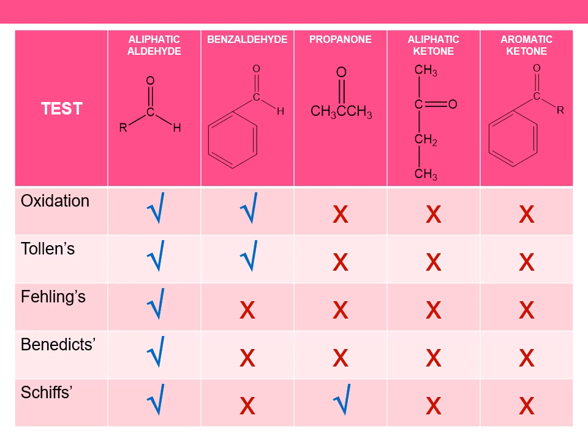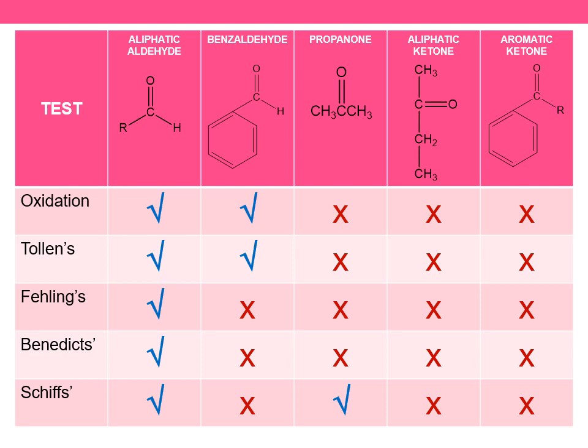Let's fast forward to practice 9.4. And you can see the table on that page is the same as this one. When we have aliphatic aldehyde, it would be positive for all the oxidation tests.